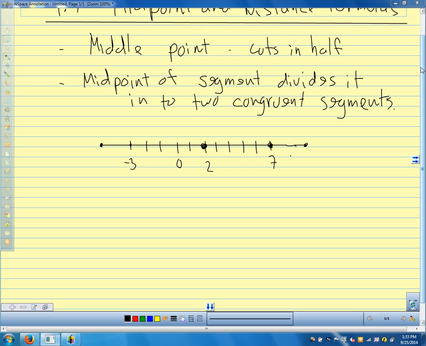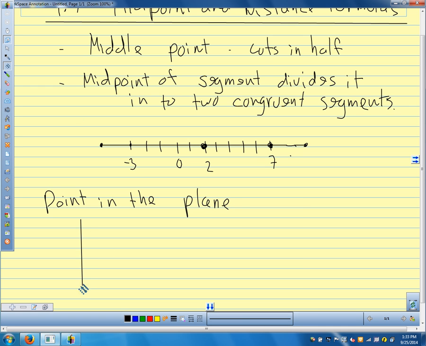And if we have a point in the plane, so we have our x-axis and our y-axis, and rather than being laid out on the number line, we have something like this.